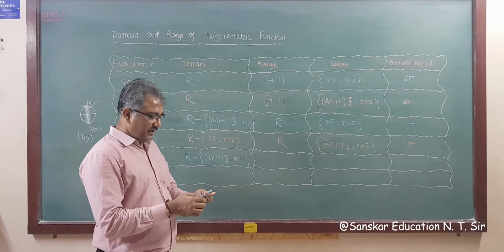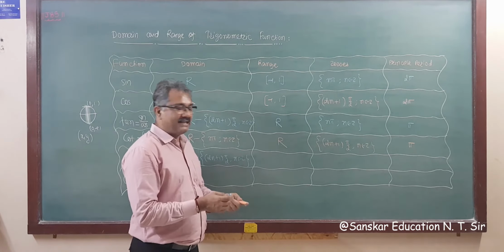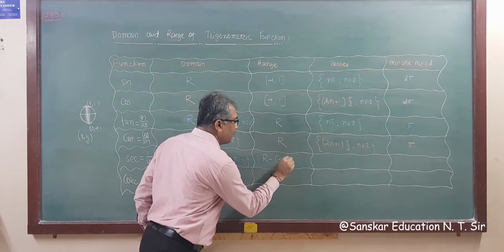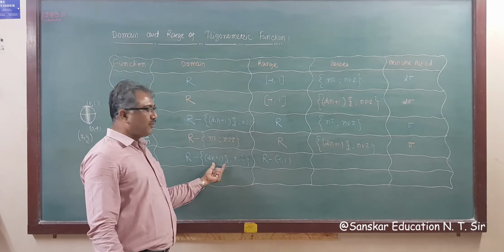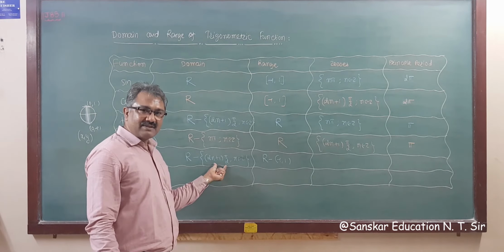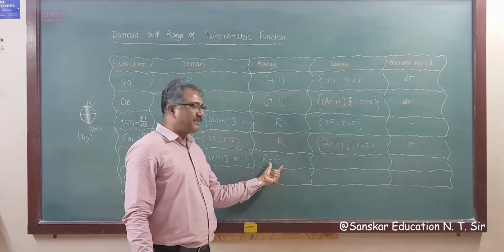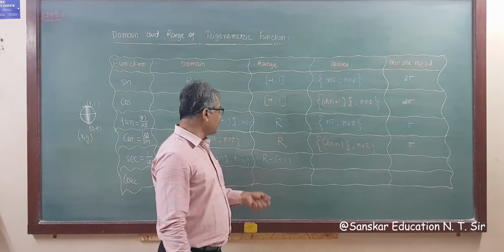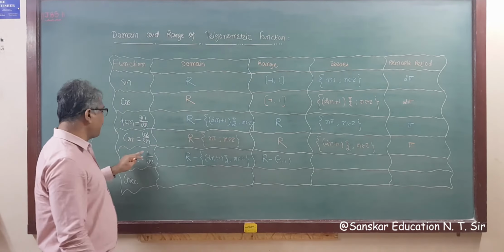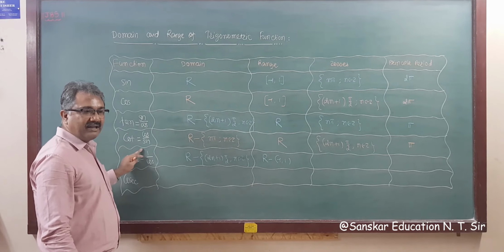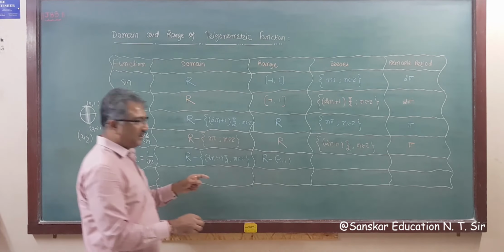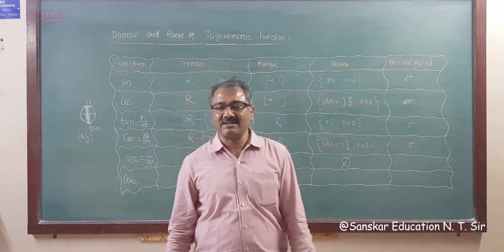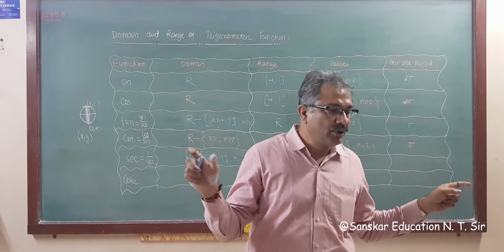Now the range of this function is obviously R minus (-1, 1), because the range of the cos function is minus 1 to 1, so you subtract that from R. Got it? Now the zeros: 1 can never equal 0, so the set of zeros is empty, because the sec function is never equal to 0.